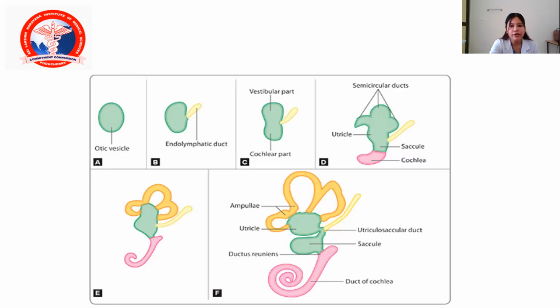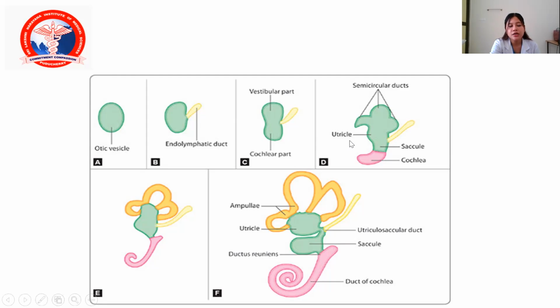With the appearance of the endolymphatic duct, the otic vesicle is now divided into two portions: the ventral saccular part and the dorsal utricular part.